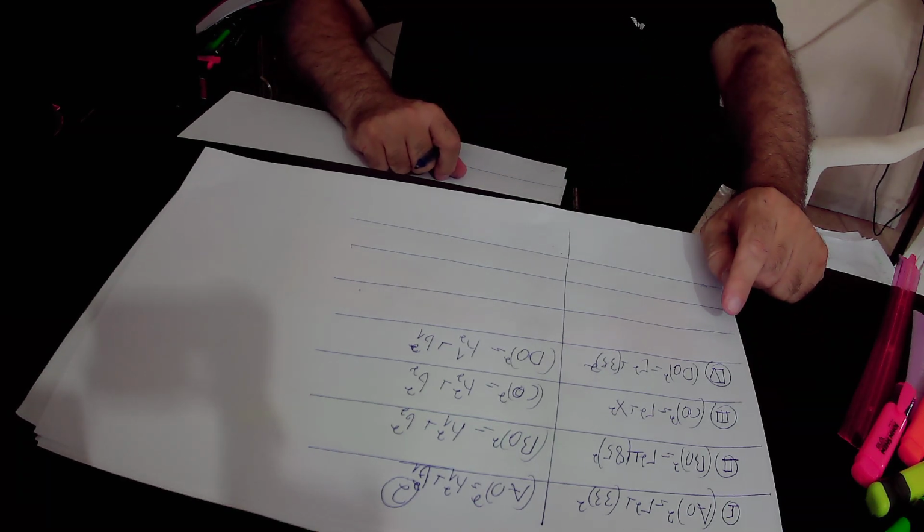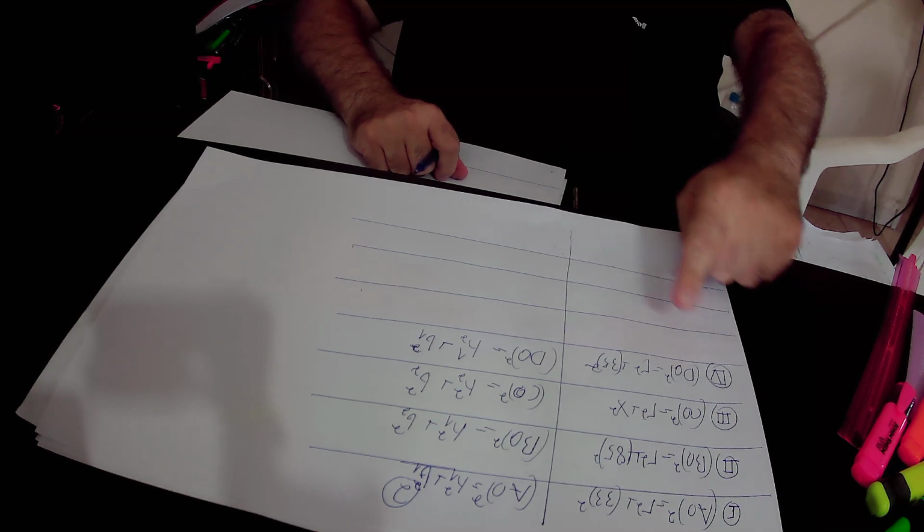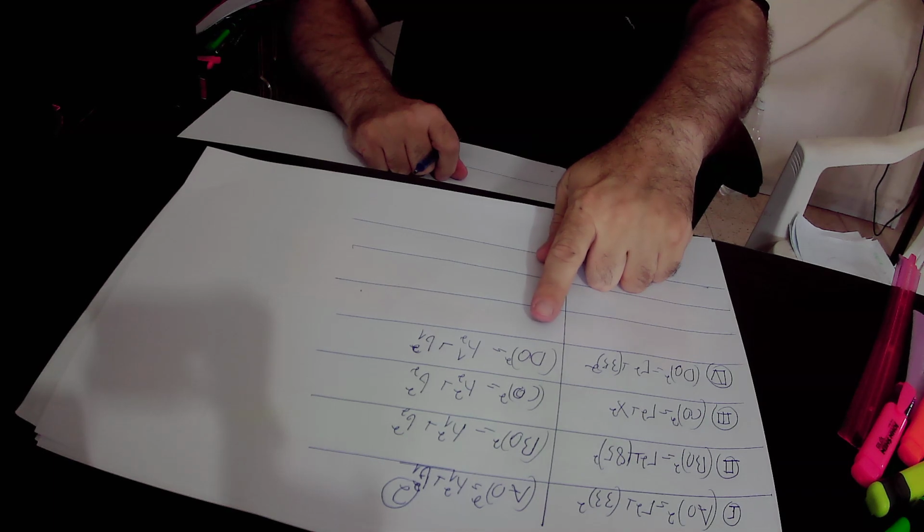Finally, we create equation number 4, that states that DO squared according to equation number 1 must be equal to DO squared according to equation number 2.